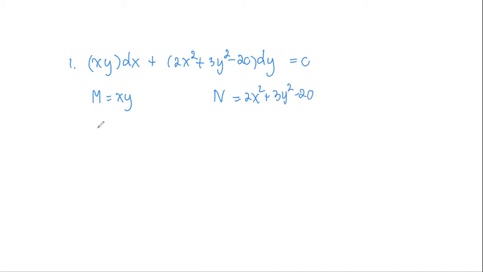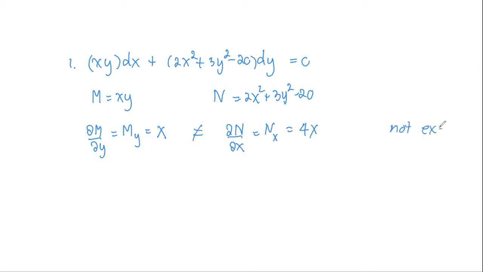Check the exactness: the partial of M with respect to y, M_y, is x, and the partial of N with respect to x, N_x, is 4x, since the other terms give derivative 0. They are obviously not the same, so the given differential equation is not exact.